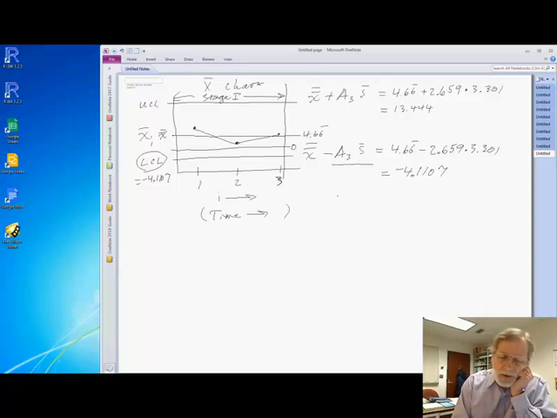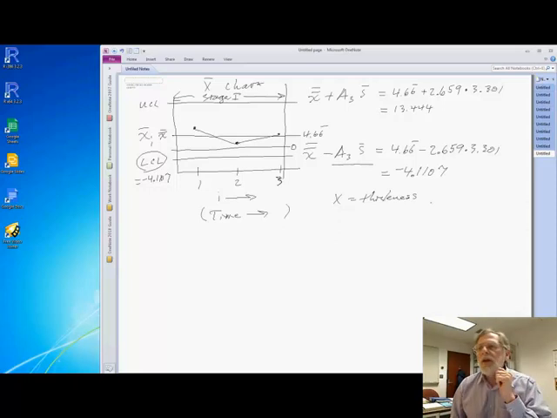Now we've got thickness. Of course, thickness can't take on a negative value, so what we have to say is the lower control limit's going to be replaced with 0, because obviously we'll never find a thickness which has a value that's less than 0, so the lower control limit might as well be 0.